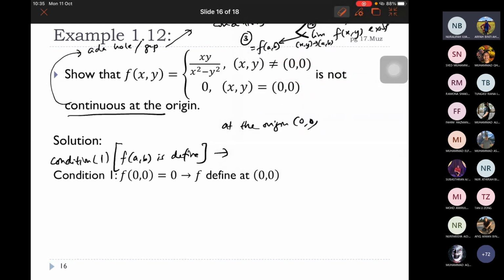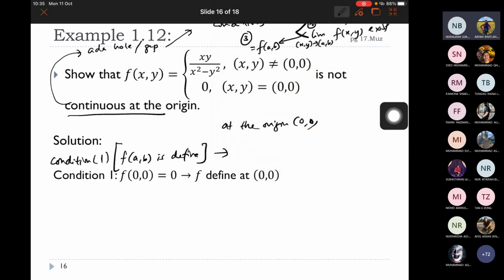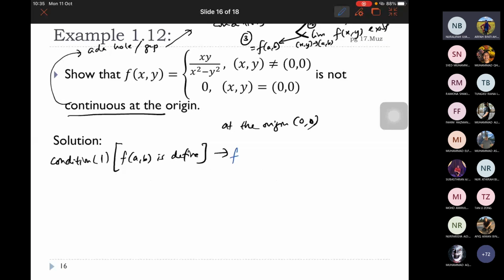So kita tengok dekat 0, 0 define or not define this function. Okay. So gantikan condition 1. Okay. Gantikan f 0, 0. Kita akan dapat 0 over 0 equal to 0. Okay. So f 0, 0 equal to 0.